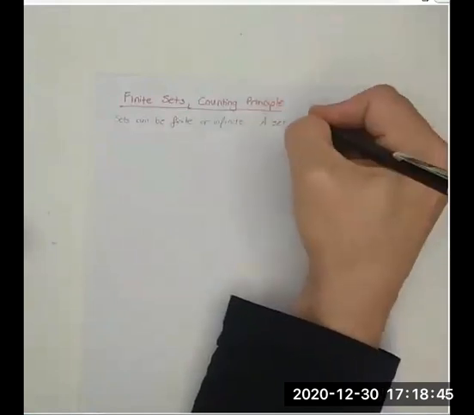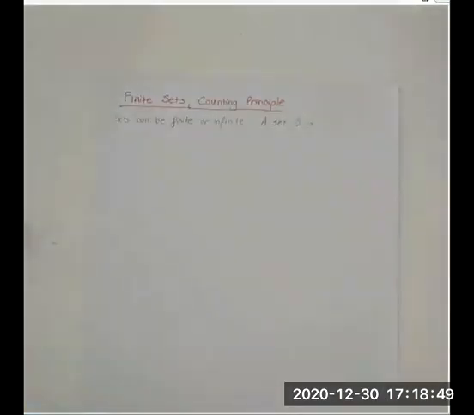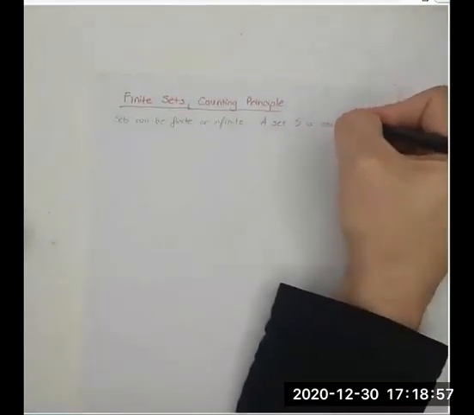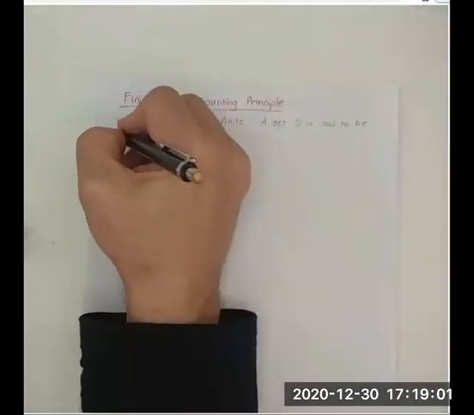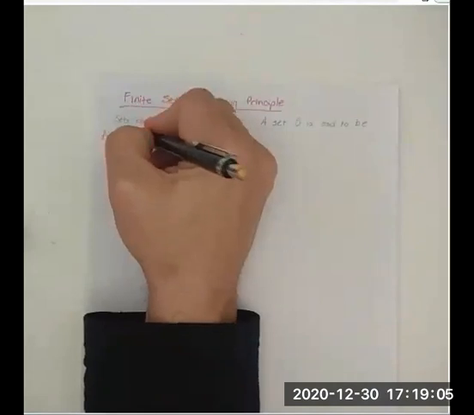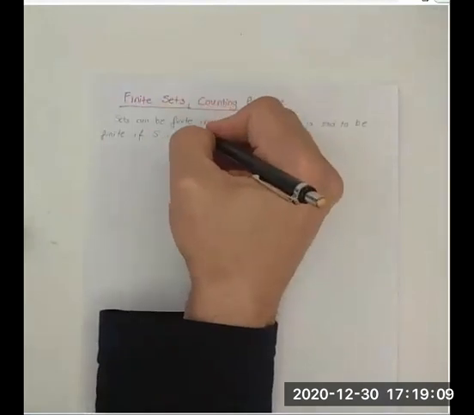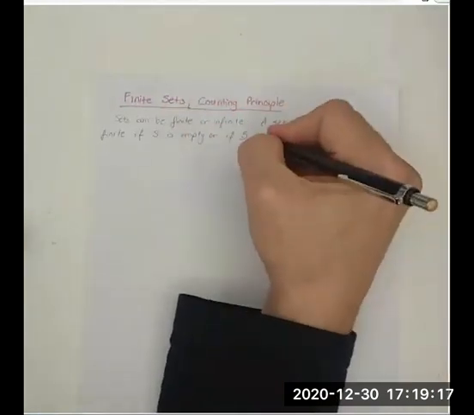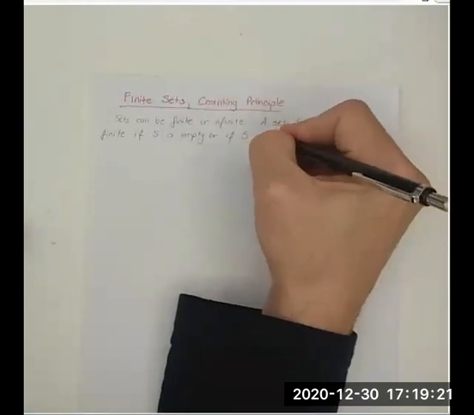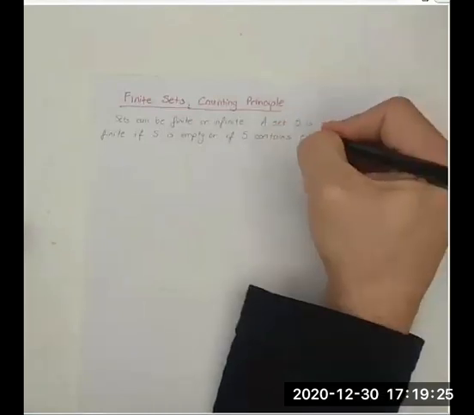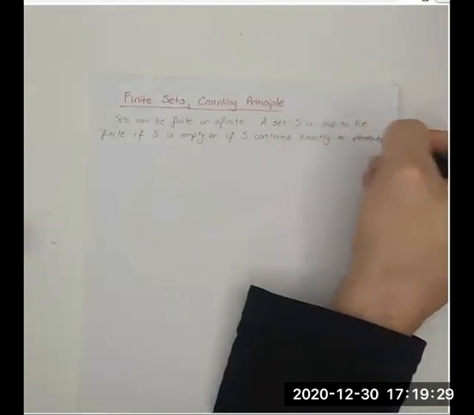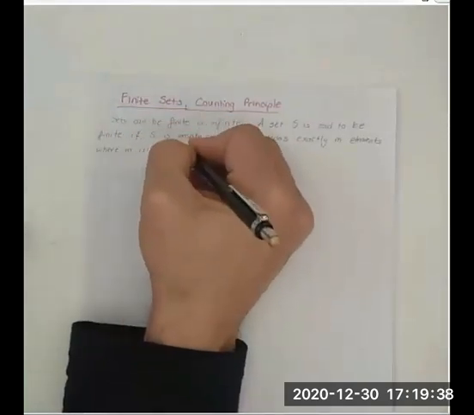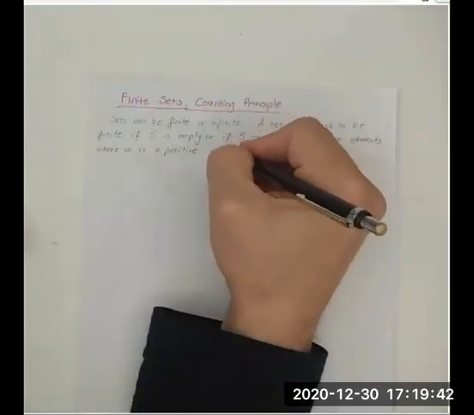So let's say a set S is said to be finite if S is empty, or if S contains exactly m elements, where m is a positive integer.